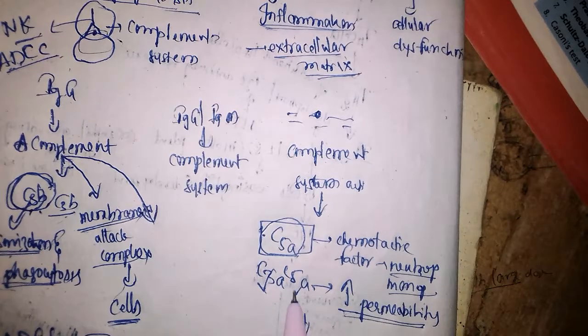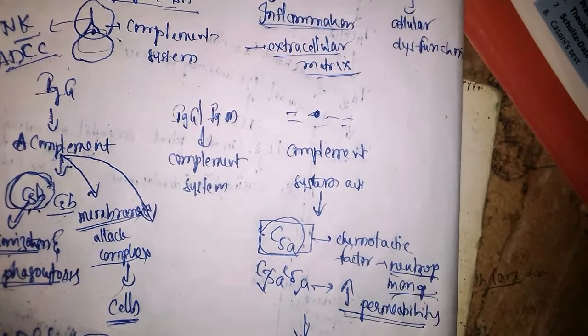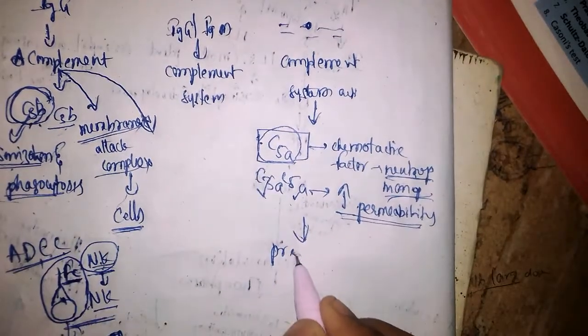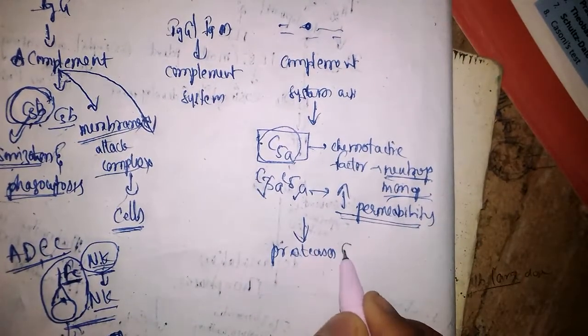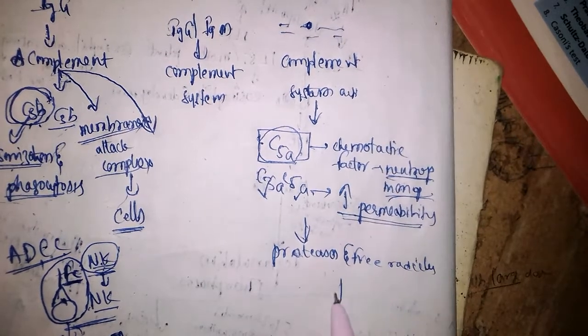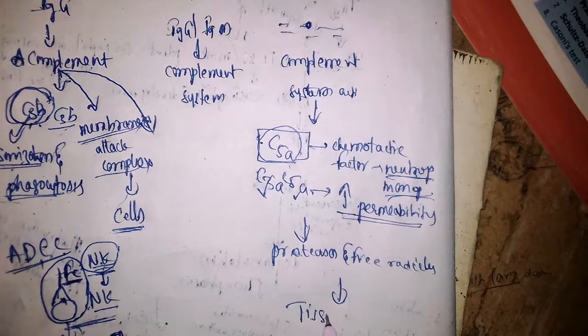Okay, these recruited neutrophils or monocytes release some proteases and free radicals. This causes tissue damage.